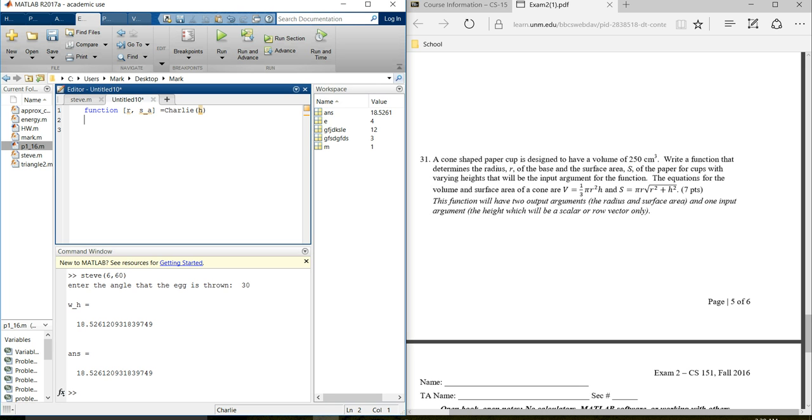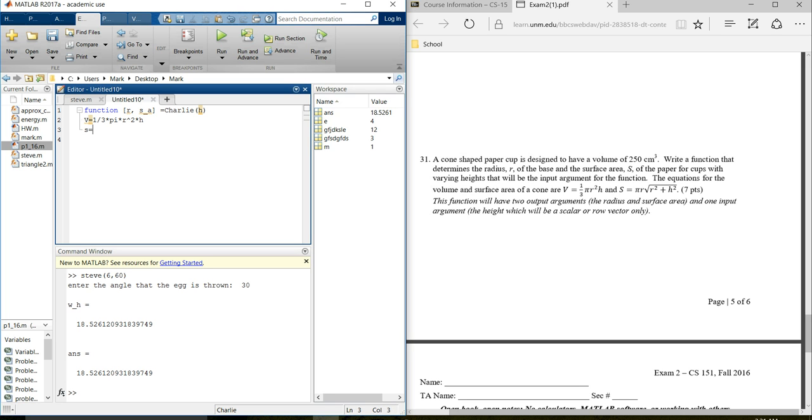What am I talking about? Write a function that determines the radius r of the base and the surface area s of the paper cups with varying heights that will be the input argument of the function. The equations for the volume and surface area are v is equal to 1/3 times pi times r squared times h.